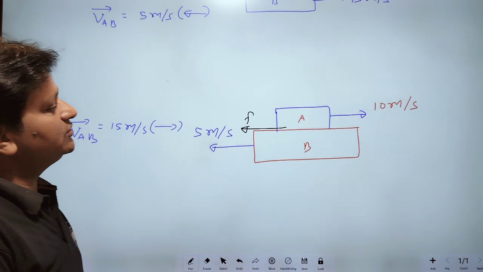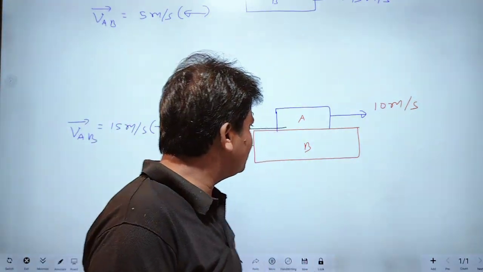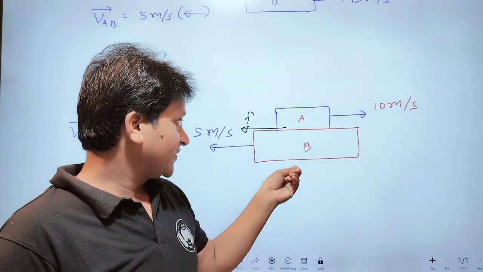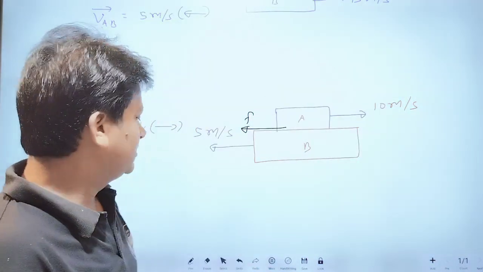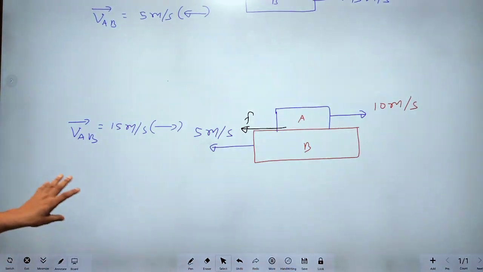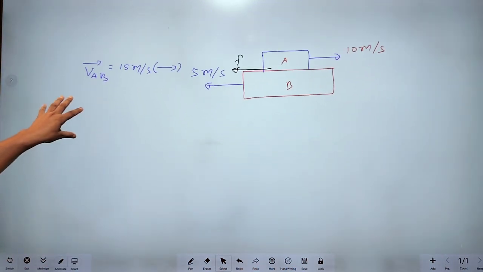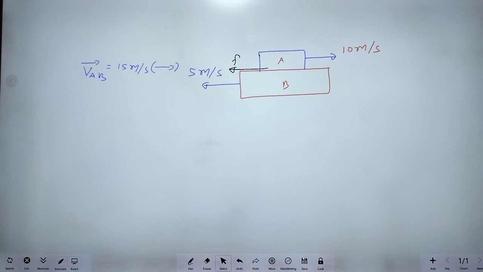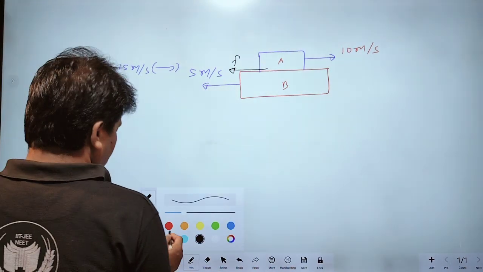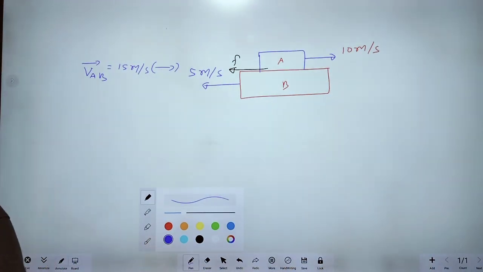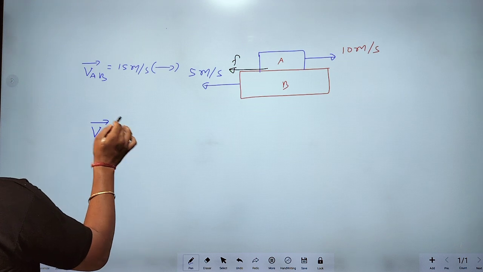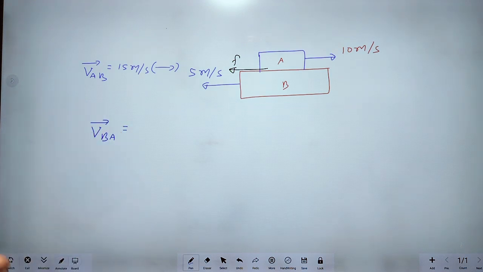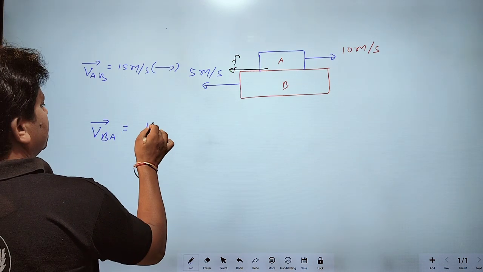Now we are going to find the friction force acting on the block B due to A. First of all, we find the relative velocity of B with respect to A. This will be equal to 15 meter per second.